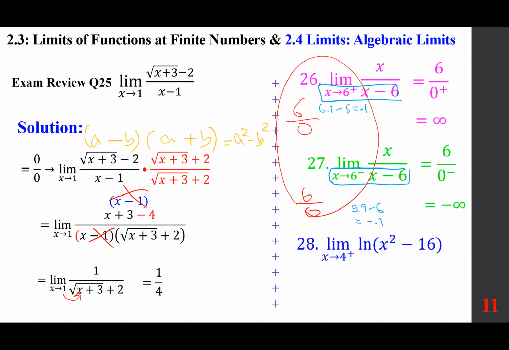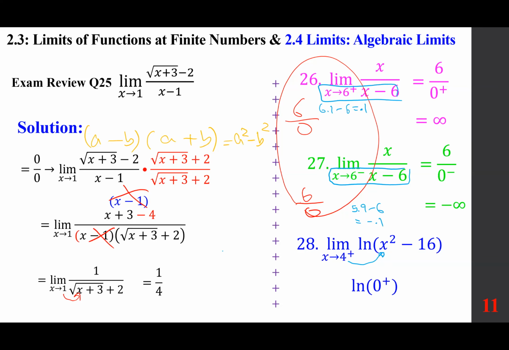When we plug in 4 here, we get 16. Because 4 is from the right, we get a number a little bit larger than 16. So although the answer is 0, it is important to write 0 from the right, because ln of 0 is not defined, since the domain is 0 to infinity and 0 is not included.